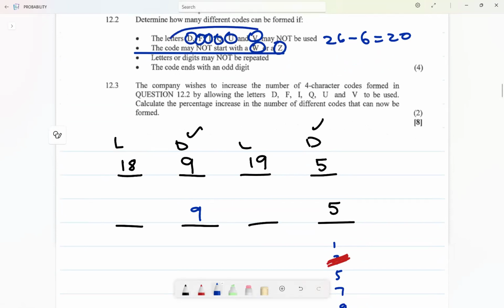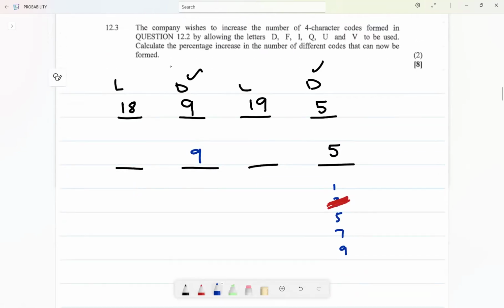Because the first 6 cannot be used again, and also the code may not start with W or Z. So out of the 20 that we are supposed to use, we need to take out 2 for the first position, because W and Z will not start here. So now 18 letters can fit here.